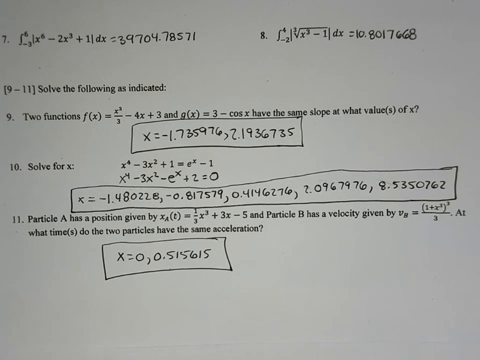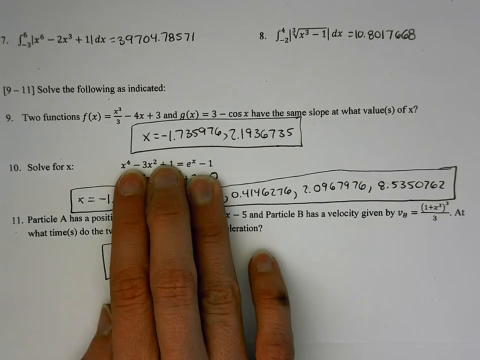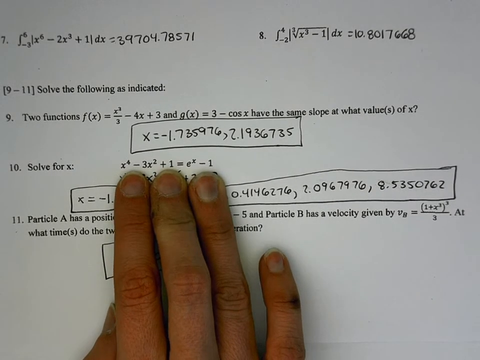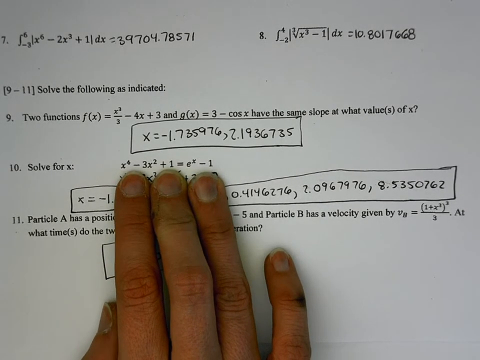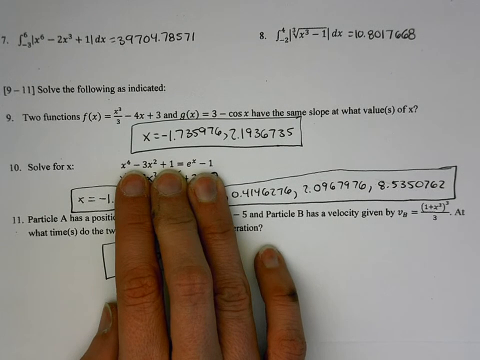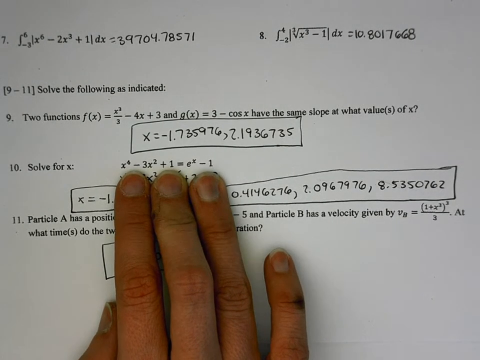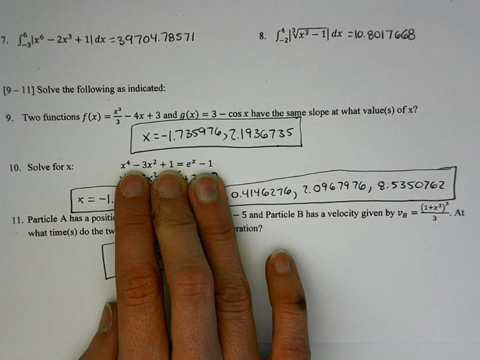So I'm going to use number 10 here. Number 10, we were given an equation, or maybe you wrote this equation, right? This could be maybe the result of some word problem, or particle motion created this or something. But you've got an equation, 2 things that are equal, and you are trying to solve for x.